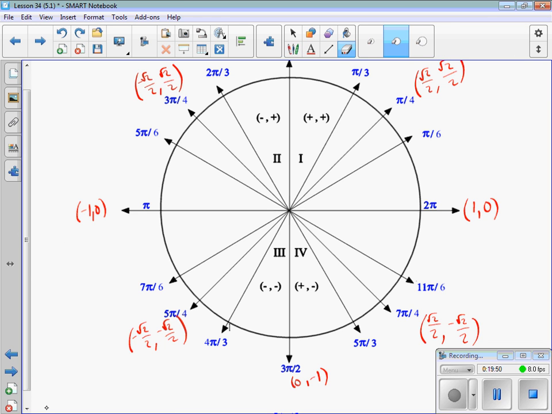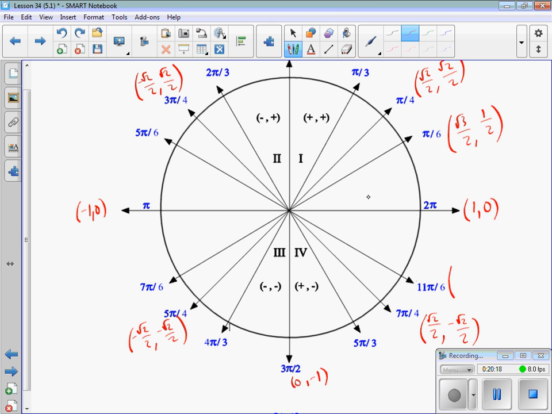Okay, if you need to refer back, what is it at pi over 6? Square root of 3 over 2, comma, 1/2. And now you just have to be careful that you reflect this correctly. If I reflect this down, which spot am I talking about? 11 pi over 6, right? This goes down right to here.